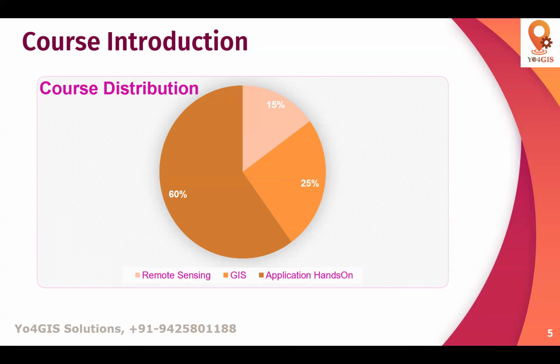Next, we have kept a 25% area for the application hands-on. In that area, you will get exercises. We will check what you have done, and if you have any issues or problems, you can tell us. Our instructor will rectify the issue and clear your doubt.